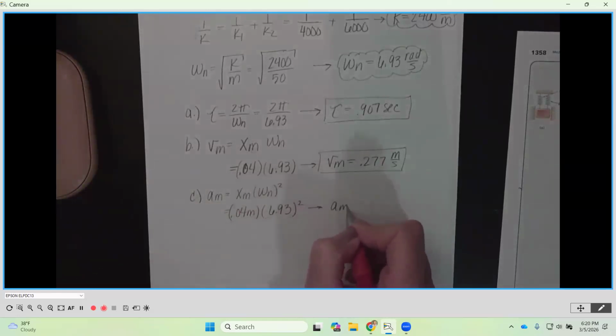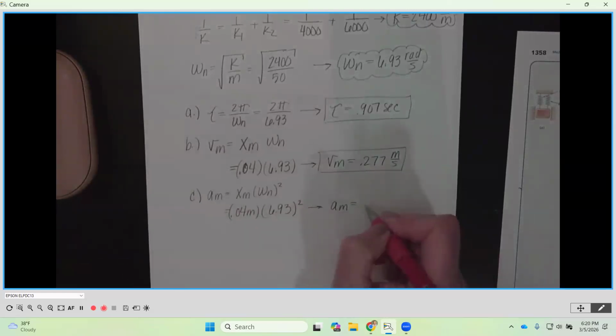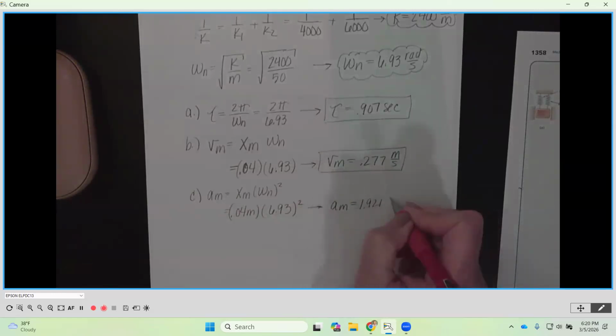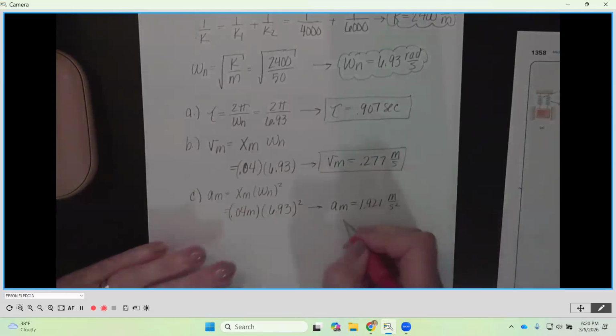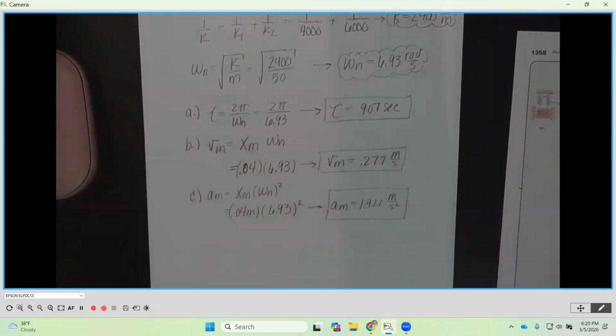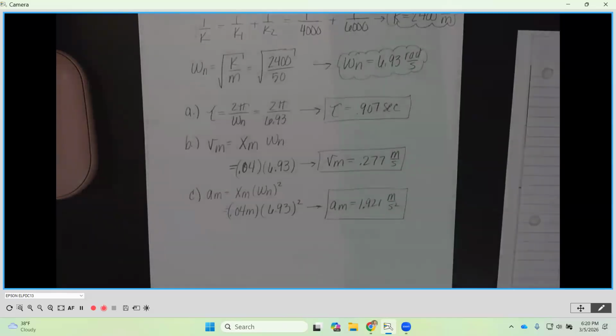So max acceleration. I got 1.921 meters per second squared. Got it. Good, good, good, good.